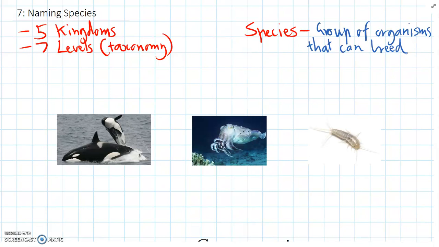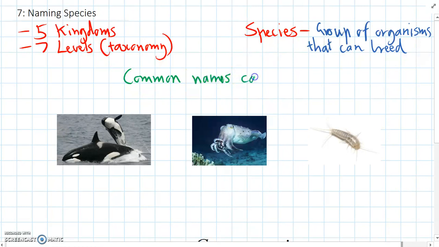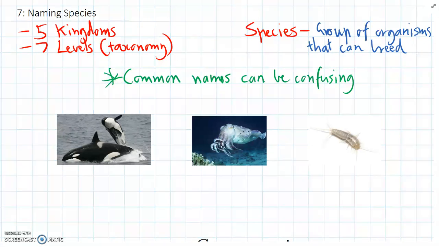And there are a few important ways that we name species. And the reason we need to name them in a certain way is because common names can be really confusing. Here are some examples of confusing common names.